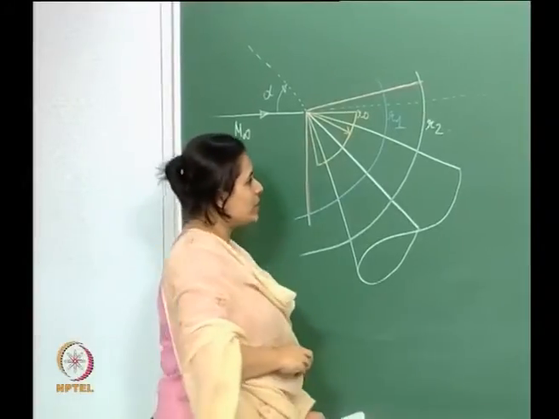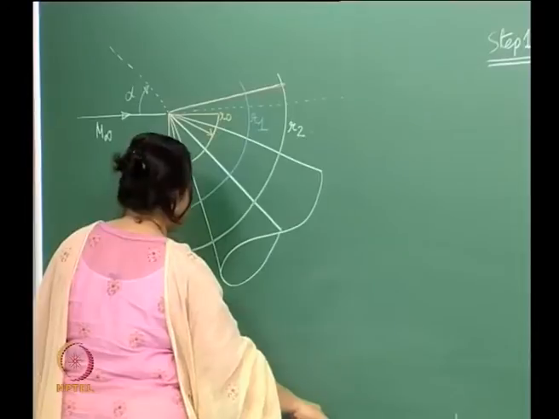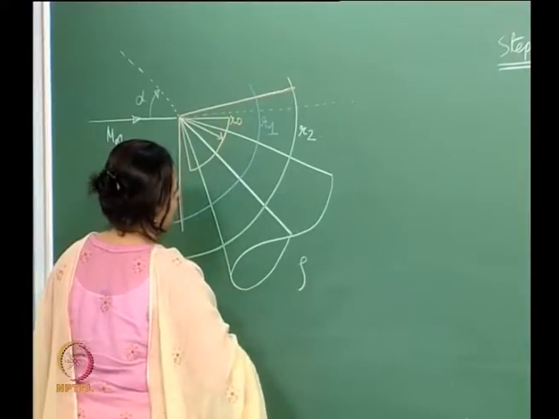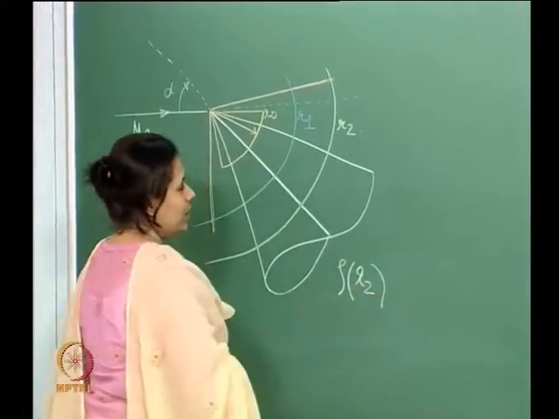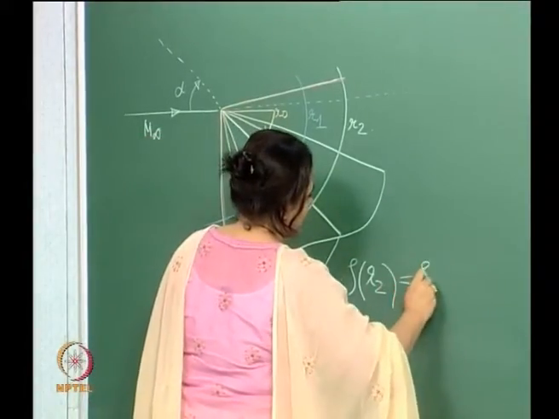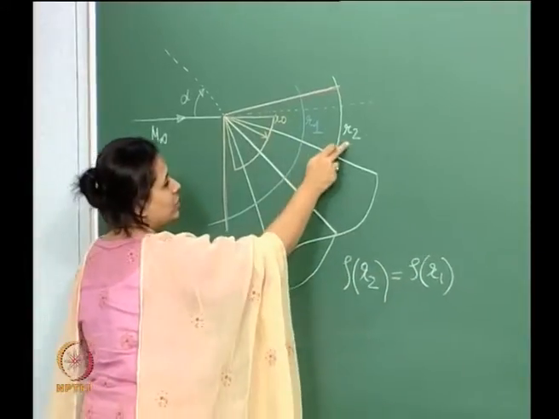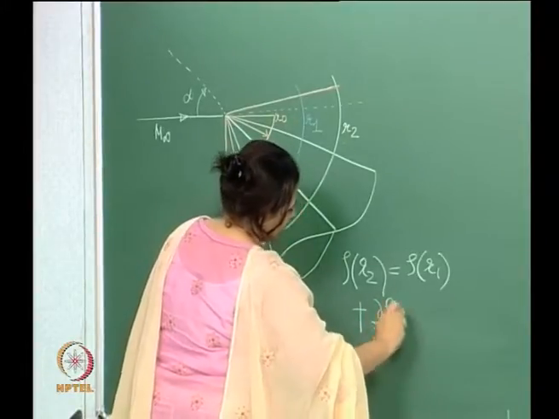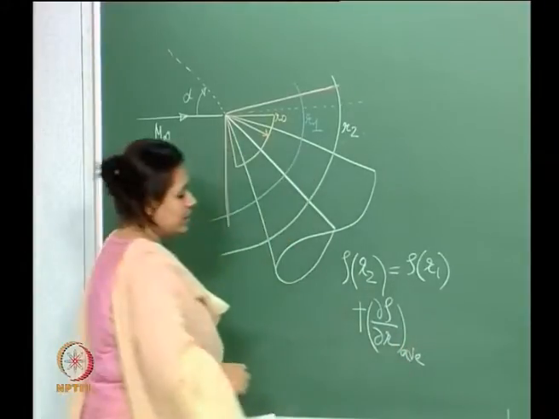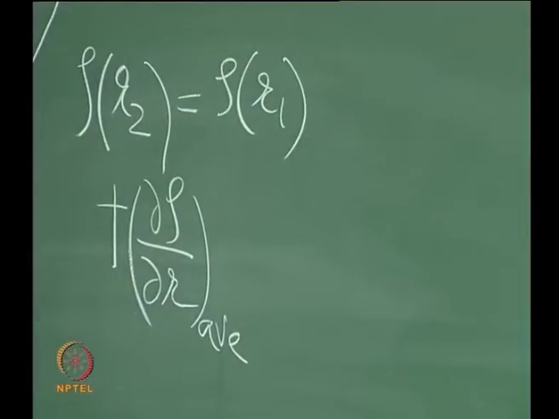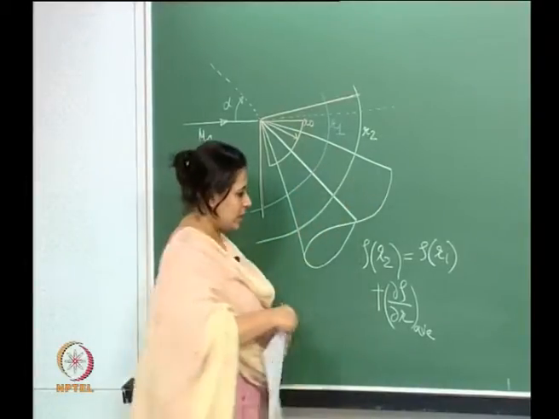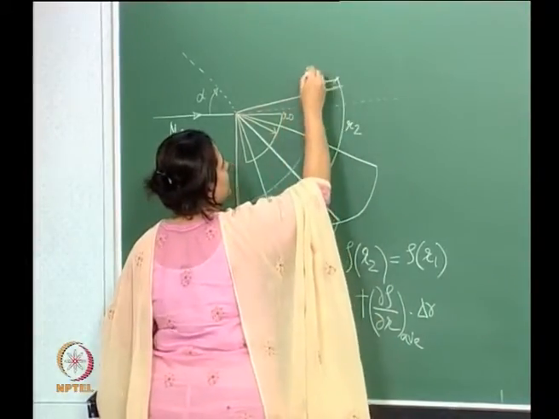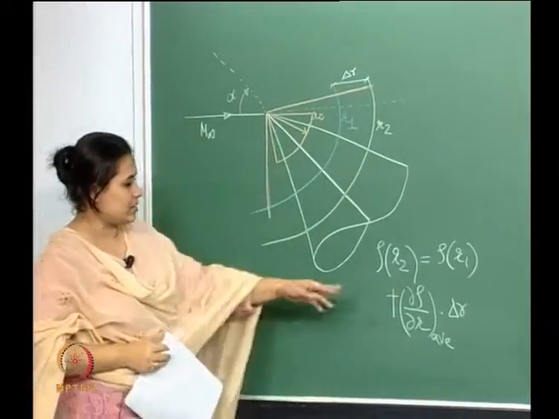If you look at this particular picture, the density at R2 is equal to the density at R1, plus the average change of density over R into delta R, and that delta R is nothing but this delta R. I think this is easy to visualize.